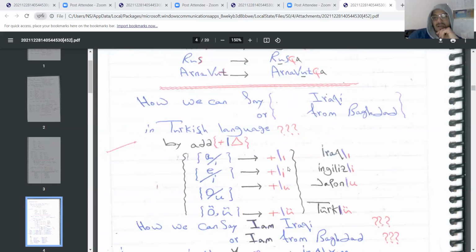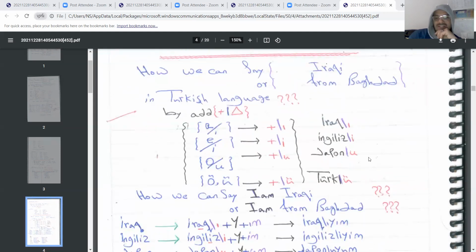I will put L in every situation. For example, Iraq: the first thing I will put is L, and after that I will think about the appropriate letter. Here, A, that means I will put E, to be Iraklı, İngilizli, Japonlu, Türklü. That means Iraqi or from Iraq.